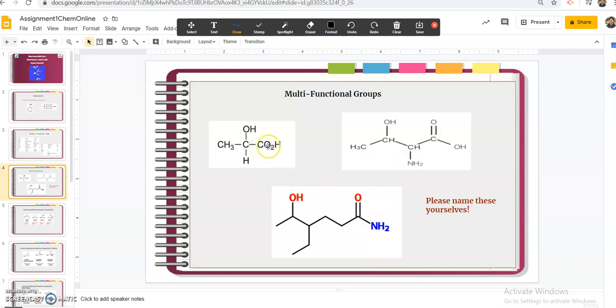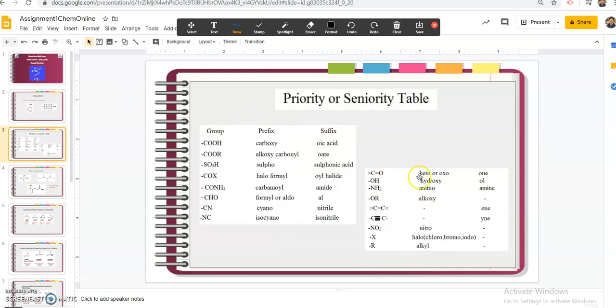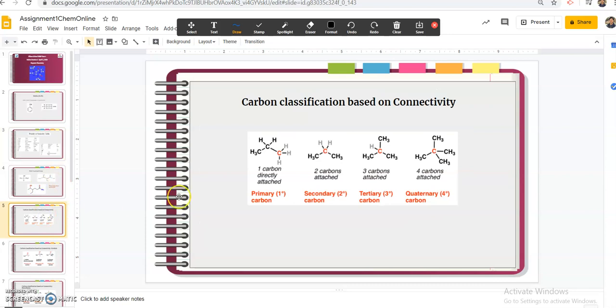Maybe some of you have already done it, but I still want you to name them. All three compounds have different functional groups, and out of those, one will be the main priority, which will be the suffix, the main name, and the other functional groups would be the substituents. So go to this table and see what suffix you use for the main functional group, and what prefix you use for the substituents. Try these three problems, and from there let's go on to this.